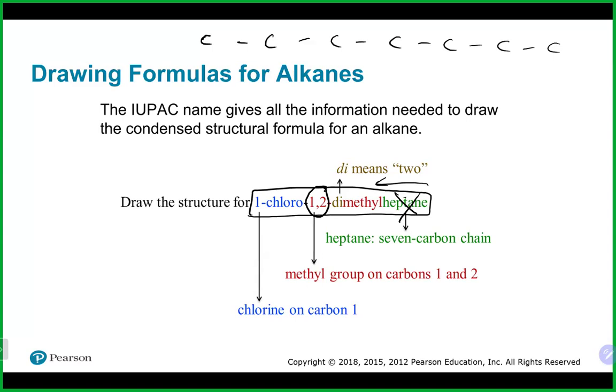So I'm going to go over here with this as my carbon number 1, and I'm going to put a carbon because I know methyl is 1 carbon, and carbon number 2 for me would be right there as well. That takes care of all that. And then obviously at 1, I also have a chlorine, and I'm just going to go that way because I'm running out of room. So we'll go that way with that, and that takes care of that.